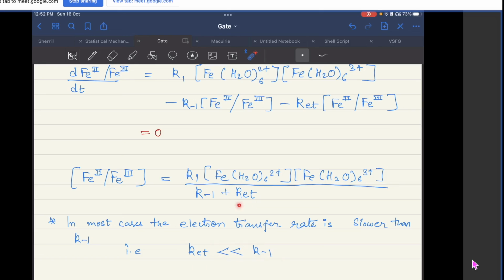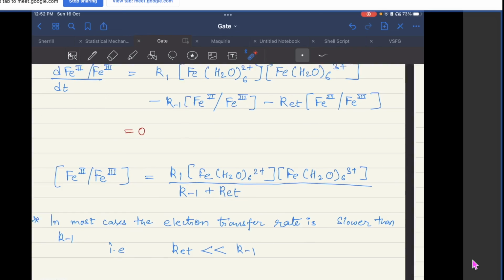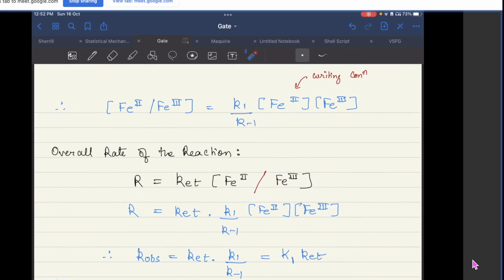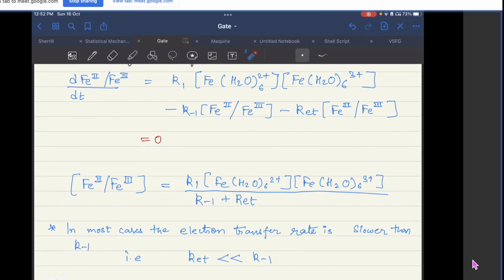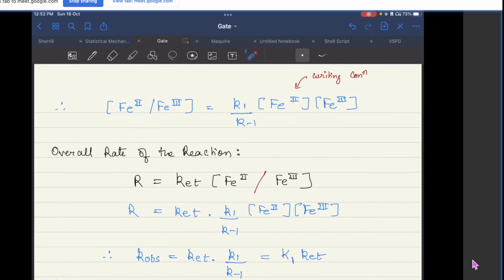So if this is less than k-1, I can actually ignore this part in the summation, and hence my expression will be this. Do not get confused, because I have just written the concentration of Fe2+ and the concentration of Fe3+, and I made it a little short here. So these are concentrations.